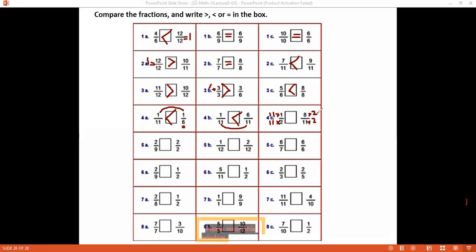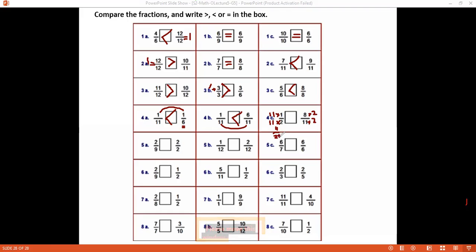Yalla. Let us see what we will get. The first fraction will become 11 over? 11 over? What's 2 times 11? 22. Yes.